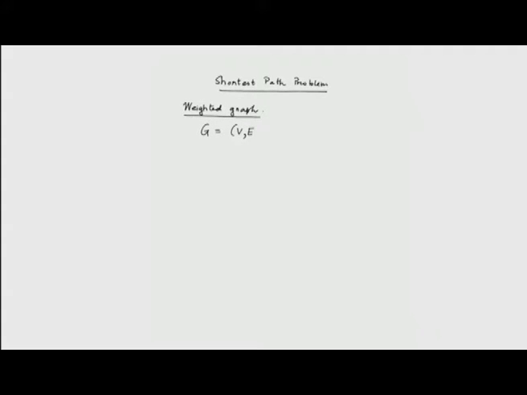So, I write G as a graph which is equal to V comma E, where V is the set of vertices and E is the set of edges. Now, we know what vertices and edges are.